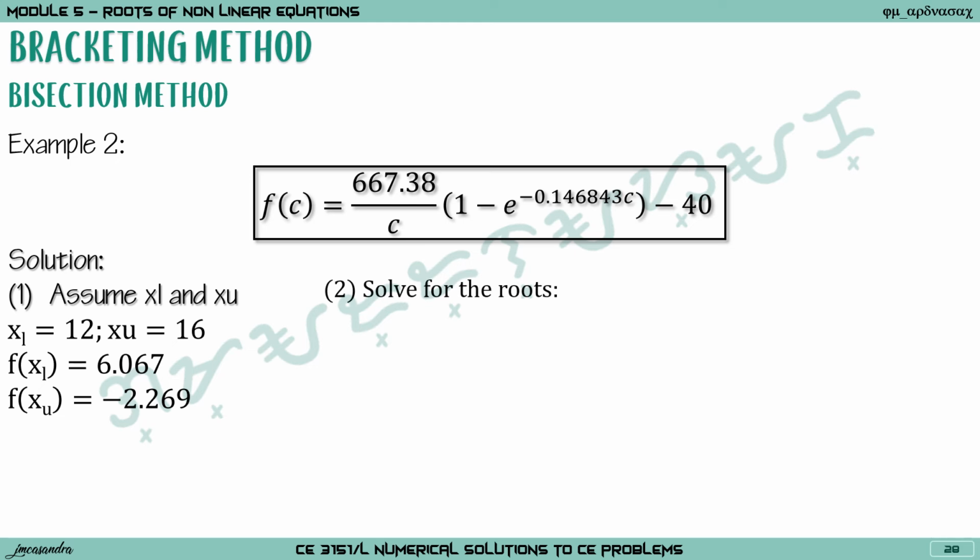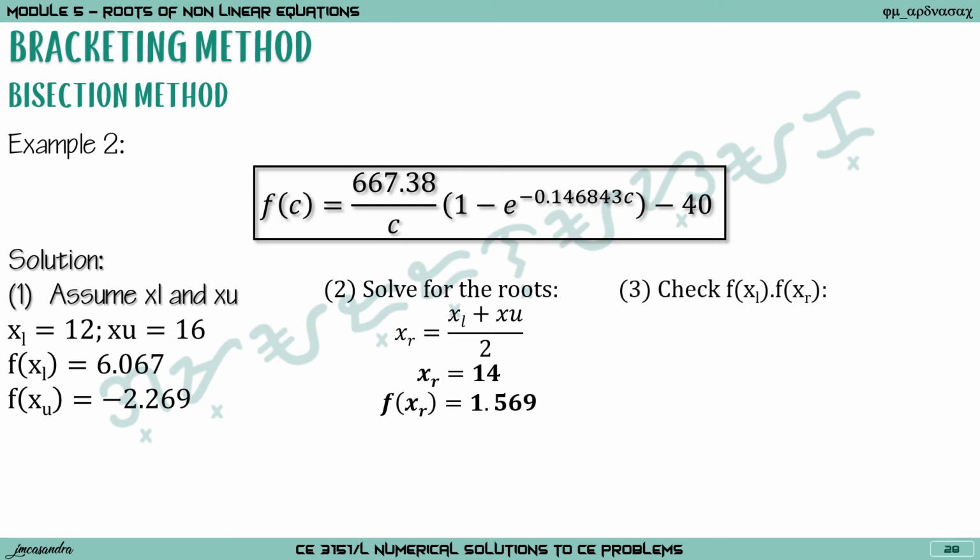And then, second step is to solve for our approximate root by adding xl and xu divided by 2. So we get 14 as our xr. So with that, we compute for the function of xr, which is 1.569.